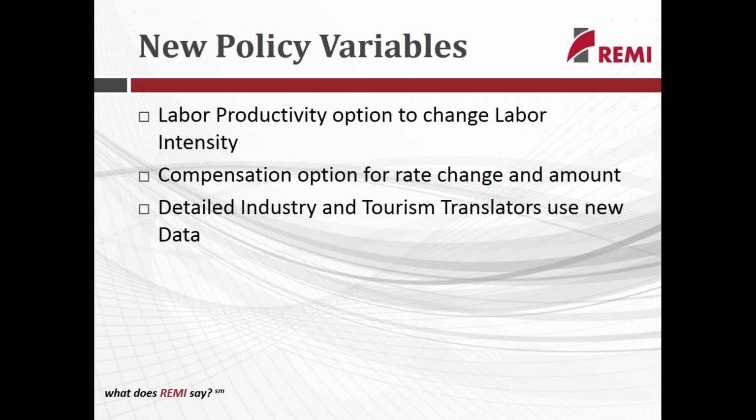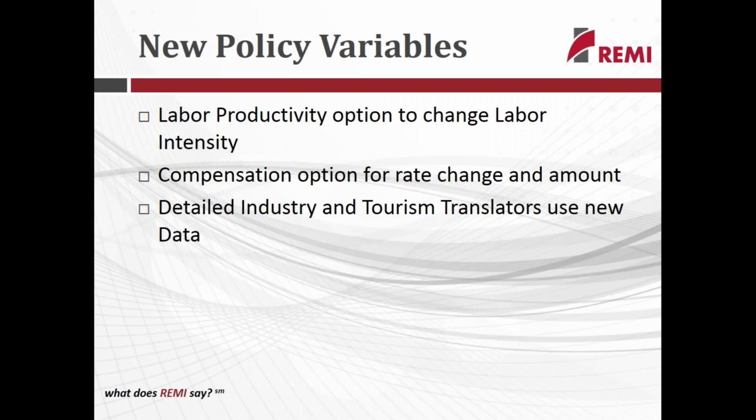You can think of it as now those are collected under one policy variable, so that hopefully it'll allow people who are exploring the compensation idea to see both grouped there and to have a much better chance of finding the right policy variable for their needs, whether they're planning on changing the compensation rate per worker or the total amount of compensation in aggregate.